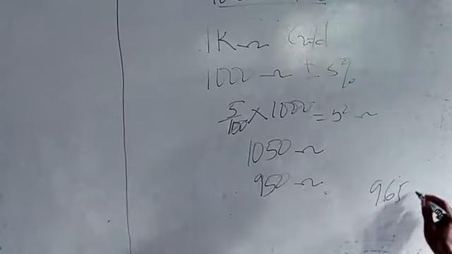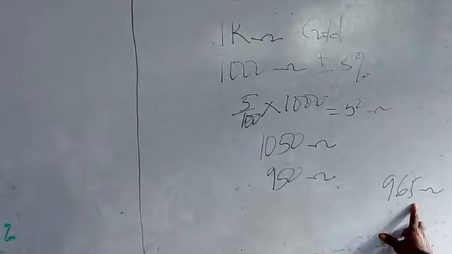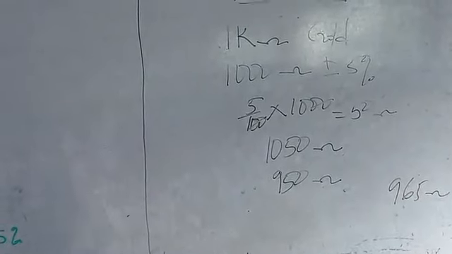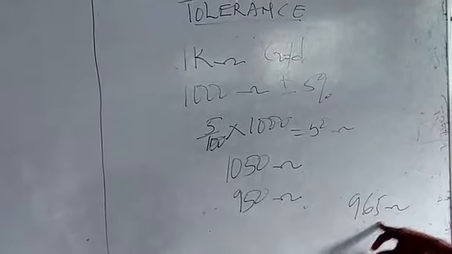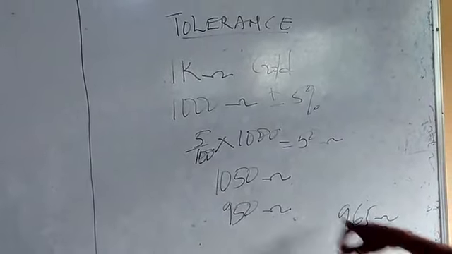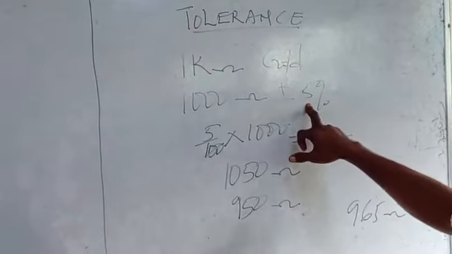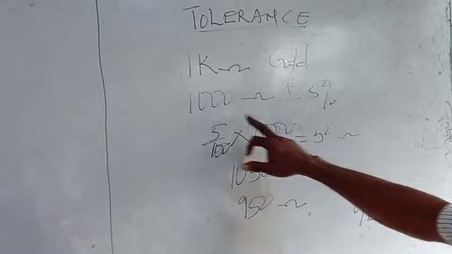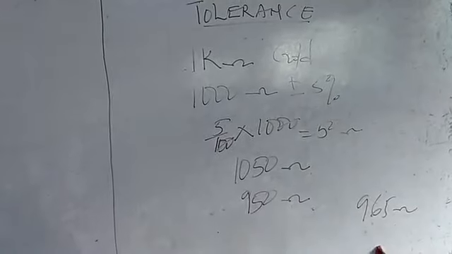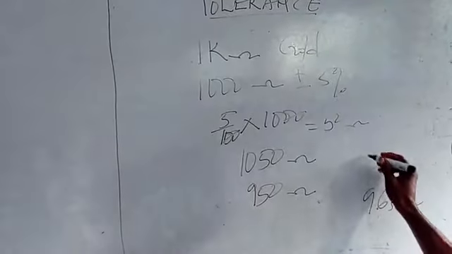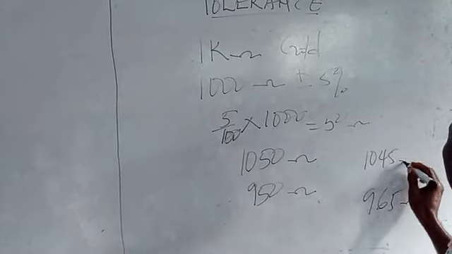That is, if we need a 965 ohm resistor, we can use this resistor for it. Maybe in a circuit that we want to design, what we need is 965 ohms. Because this resistor has tolerance, we can use this 1k ohm for this value. Maybe in our circuit, what we need is 1,045 ohms.